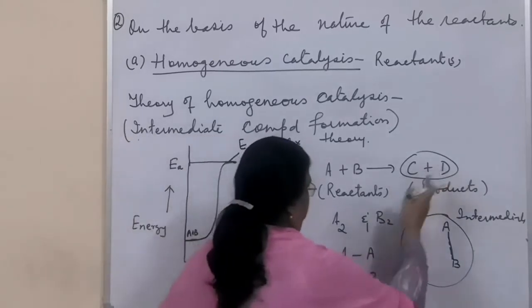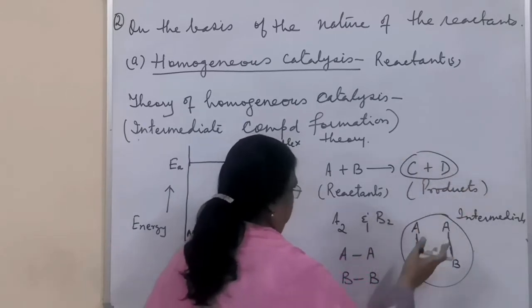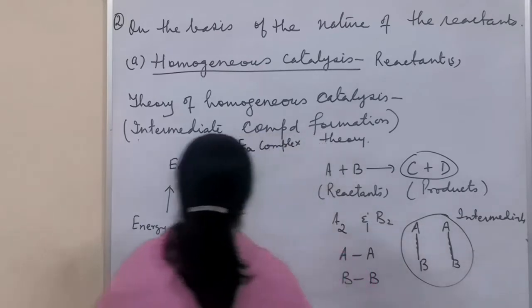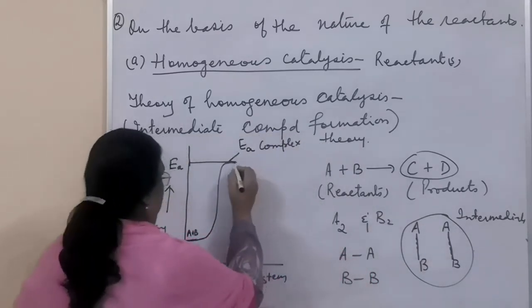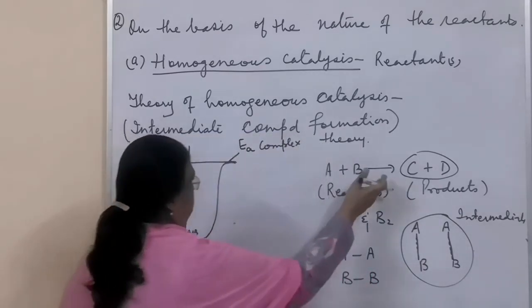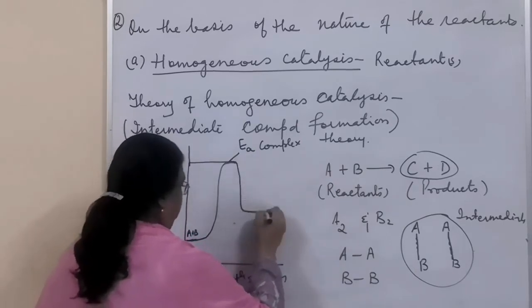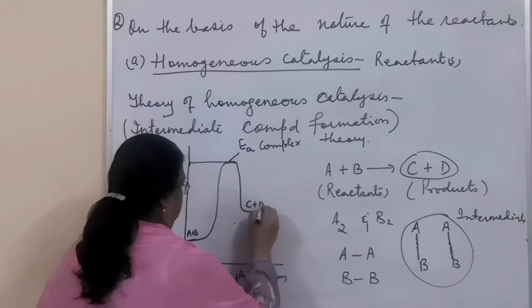Here you can write AB also, but this is just presentation. Then as much energy as they absorbed, they will release. That is part of kinetics I am not covering here. So we have got the product.